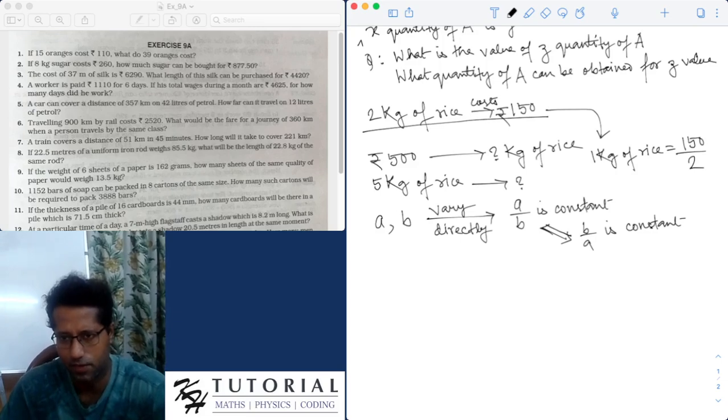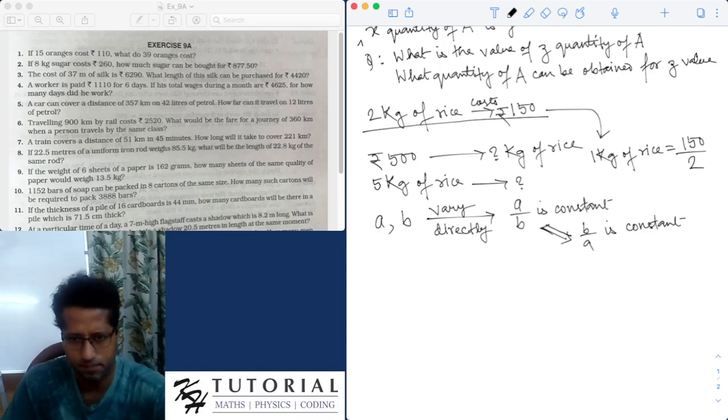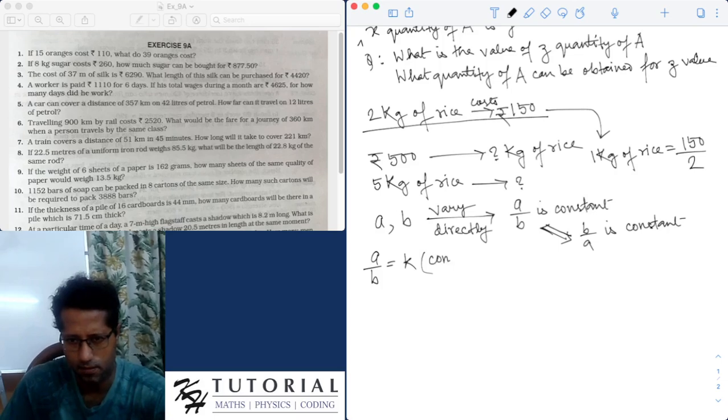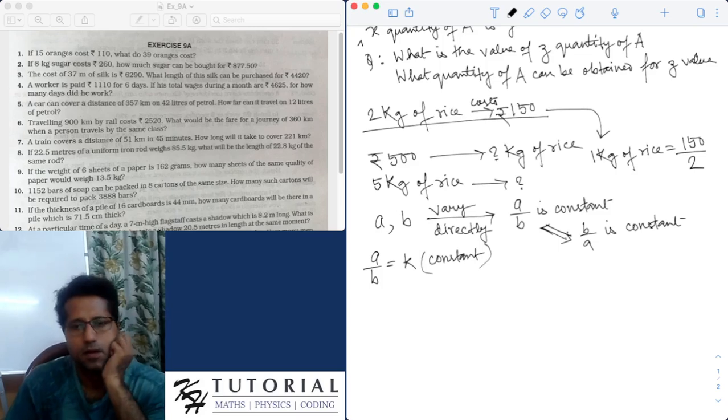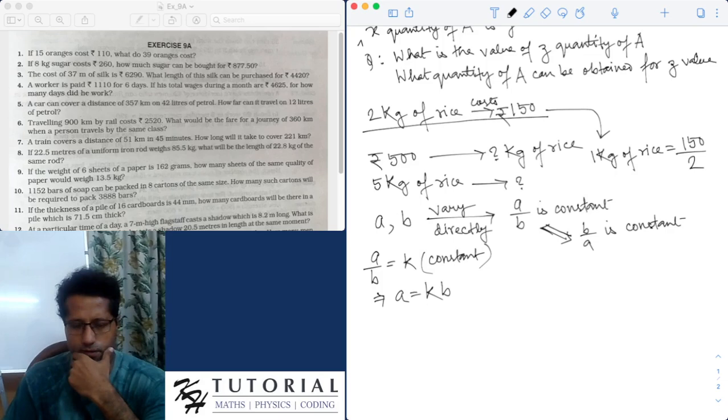Definitely, if the ratio A by B is constant, let's say A by B is some constant K, some number, then this implies that A equals K into B. Now, in this equation, since K is a constant, K will never change.